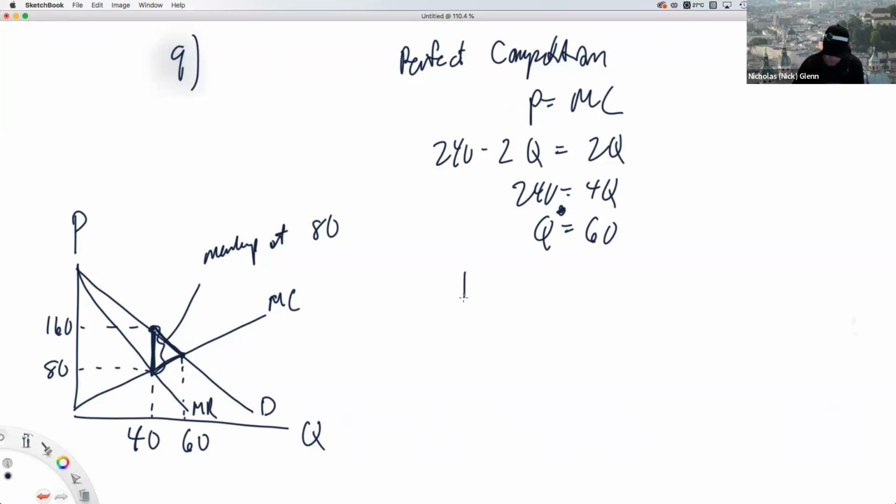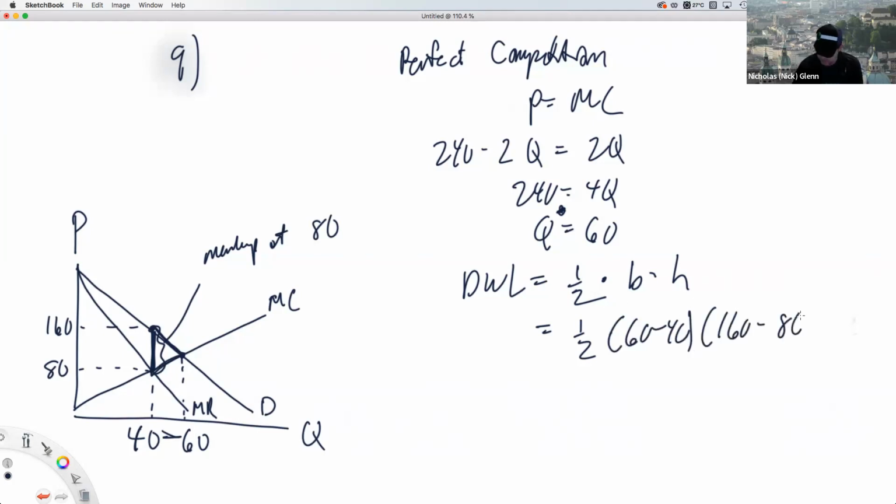Now to find the deadweight loss, we just use our triangle formula: 1/2 times base times height. So 1/2 times the base, 60 minus 40. Height, 160 minus 80.